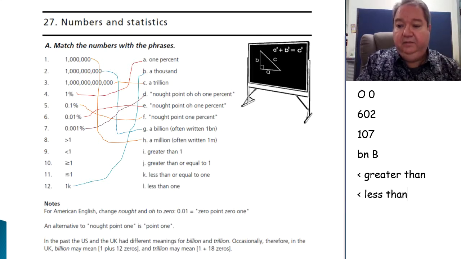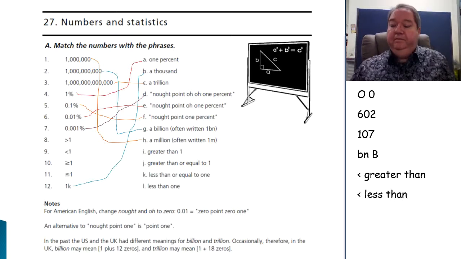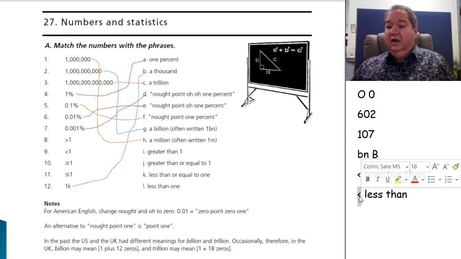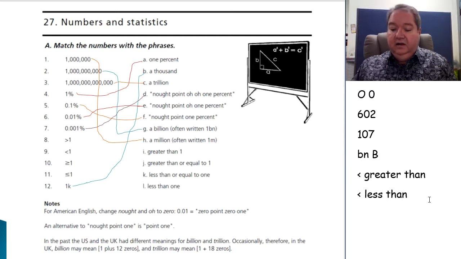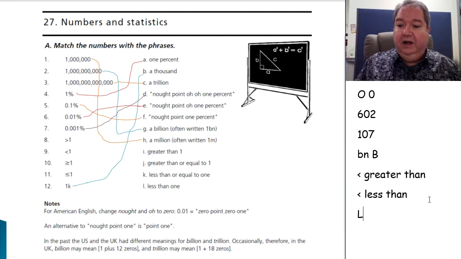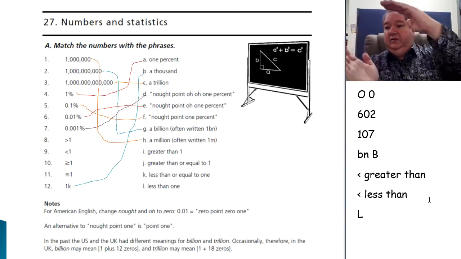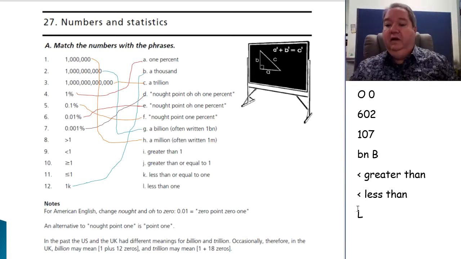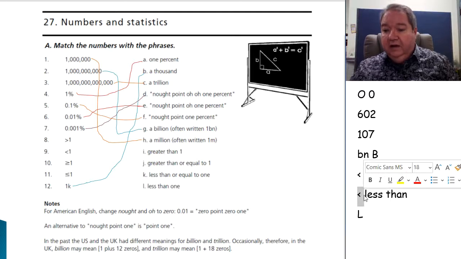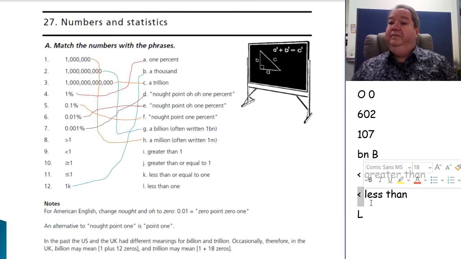Less than. How do you remember them? Well, the way I was taught, which I kind of like, is this less than looks kind of like a capital L that is turned on its side. So if you look at it, it's kind of like an L shape, less than. That's how I remember it.